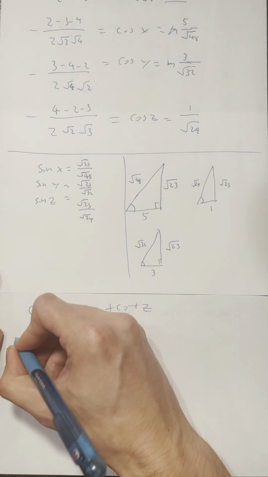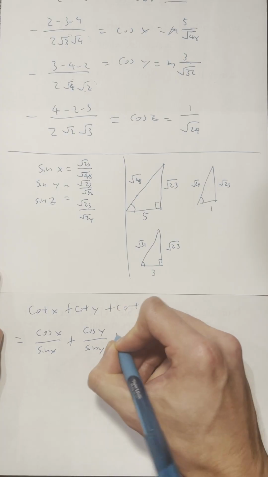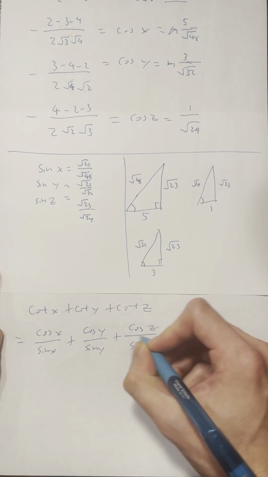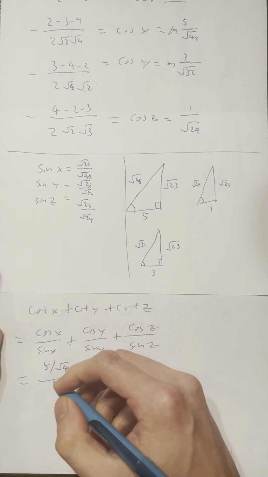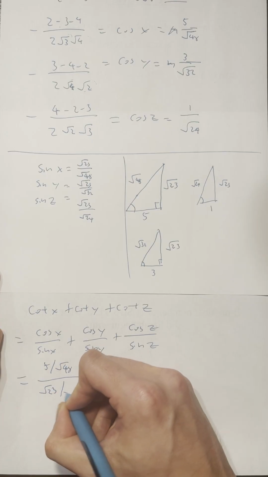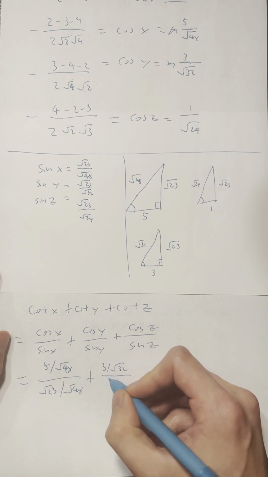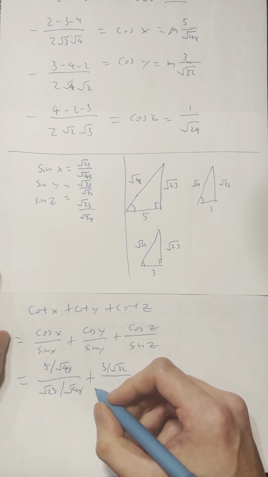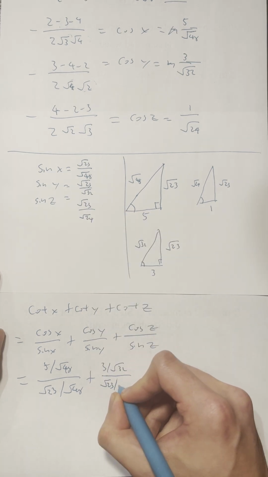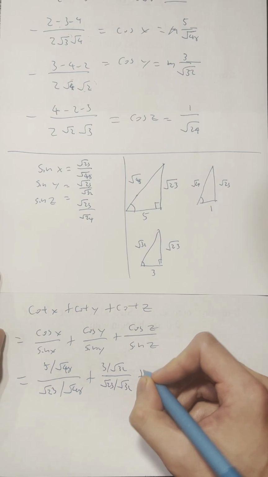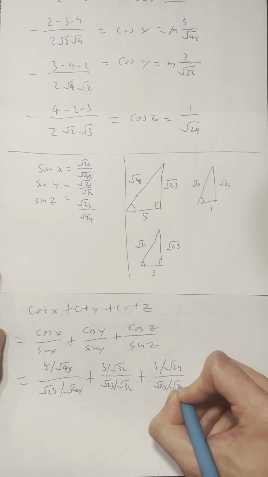Well, that's going to be cosine x over sine x plus cosine y over sine y plus cosine z over sine z, which is going to be equal to, okay, so 5 over root 48 over sine x, so root 23 over root 48, plus 3 over root 32 over root 23 over root 32, plus 1 over root 24 over root 23 over root 24.